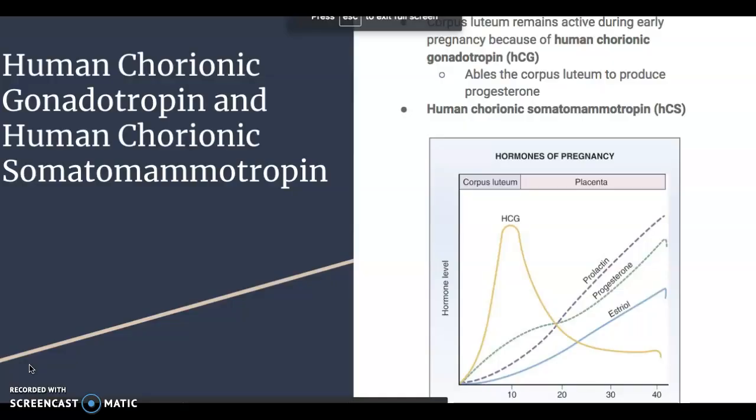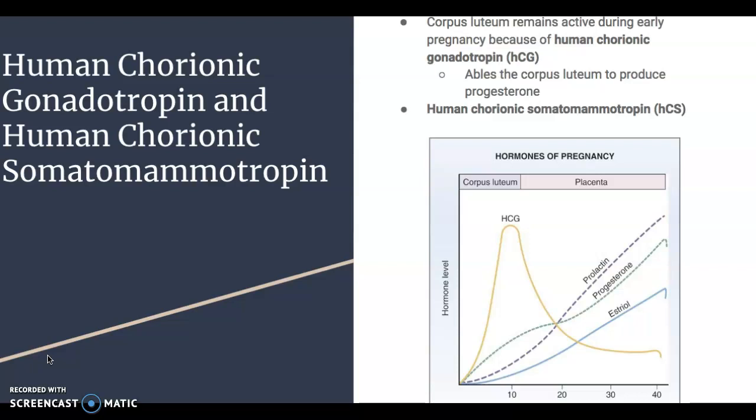I actually want to start off explaining HCG and HCS. The corpus luteum remains active during early pregnancy because of HCG. This specific hormone enables the corpus luteum to produce progesterone.